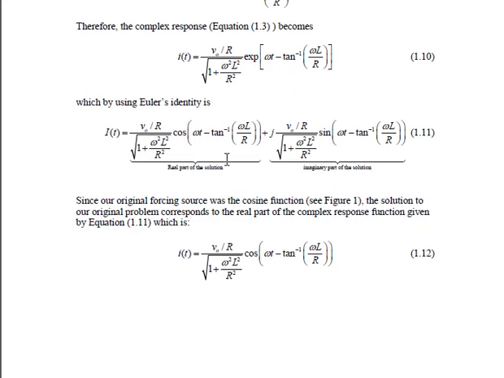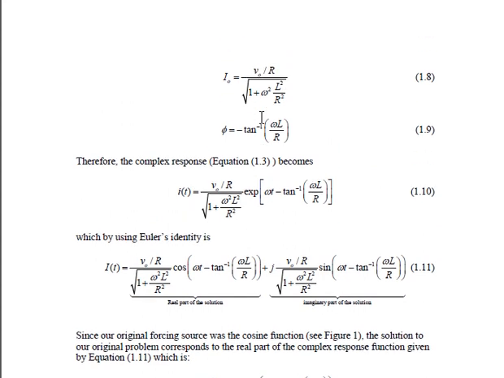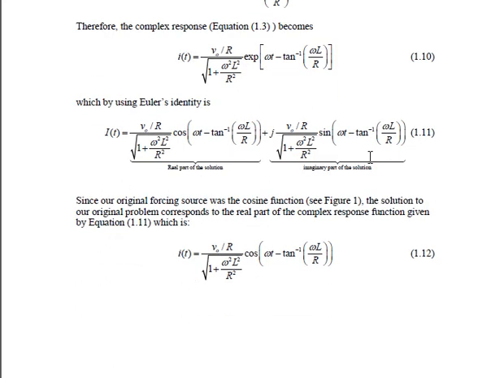So this would be the real part of the solution, and this would be the imaginary part of the solution. If we take a look at this expression and separate the real part and the imaginary part using this angle phi, we can have this expression of the real part and imaginary part.